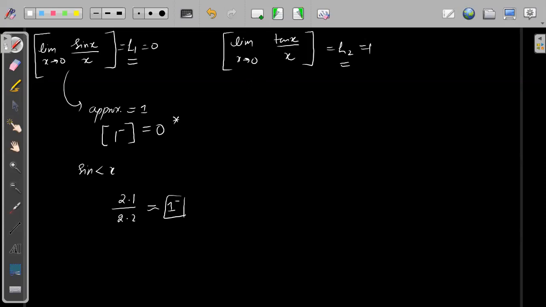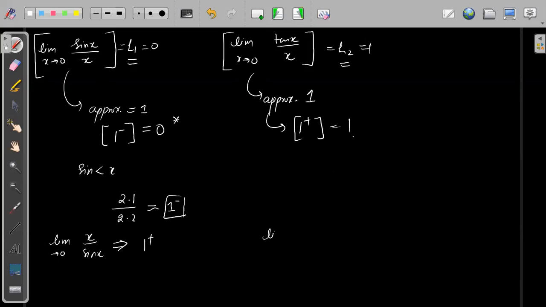So this is approximately 1, but if I have to write the exact value, then it will be 1 plus greatest integer of 1 plus, which is 1. I hope this is okay. Now similarly, if you write limit of x upon sine x where x tends to 0, this will become 1 plus, just the reciprocal of this.